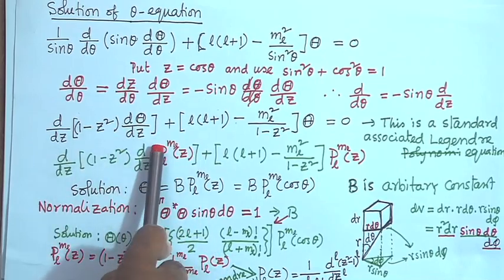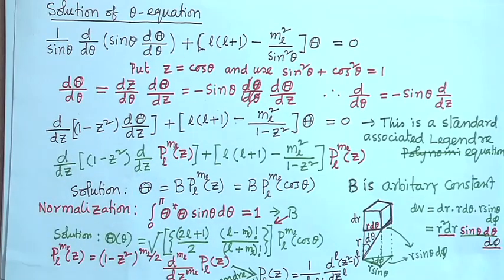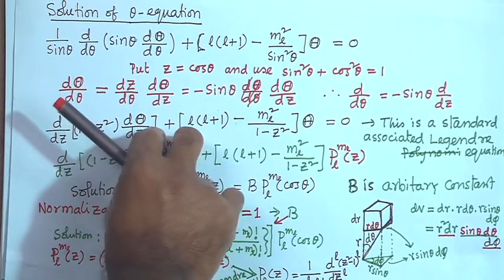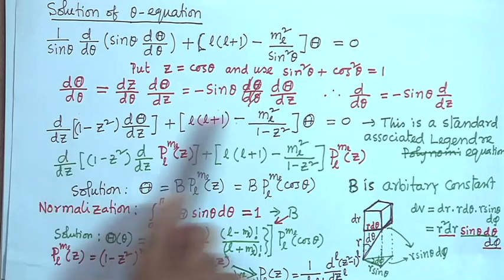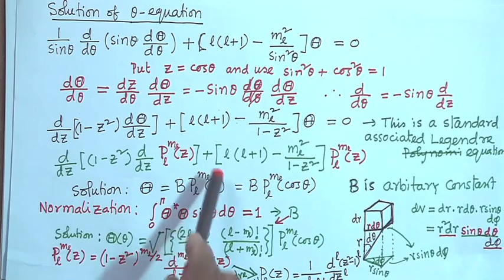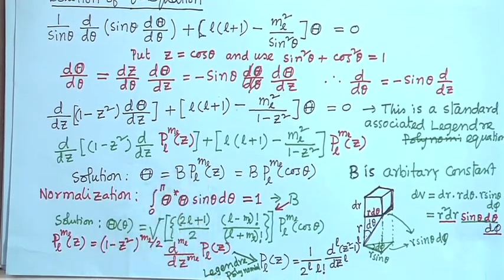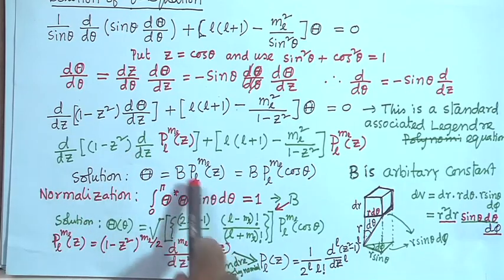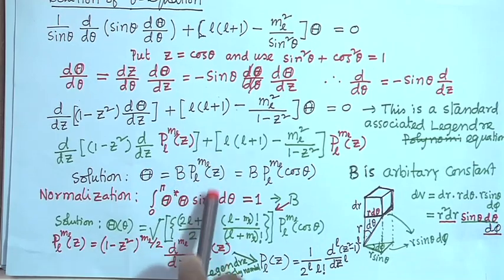The Legendre polynomial is written like this, P L. It has an expression that we will see, but it is the notation for writing this Legendre polynomial. So, the solution is theta equal to the associated Legendre function and some constant. All the time we write some constant, and later on we have to normalize and find out the value of this constant. So, B P L M L a function of Z.